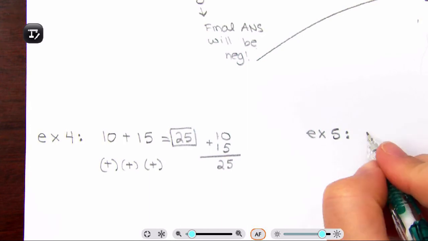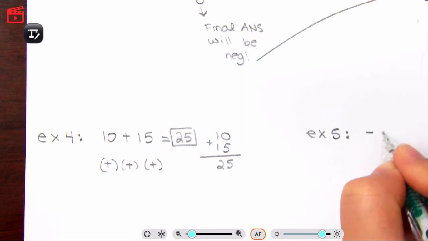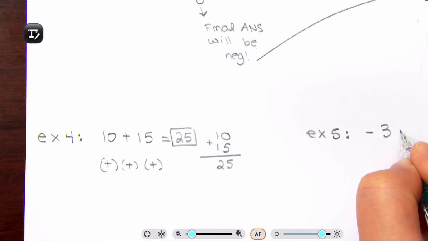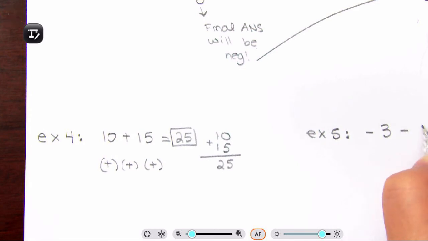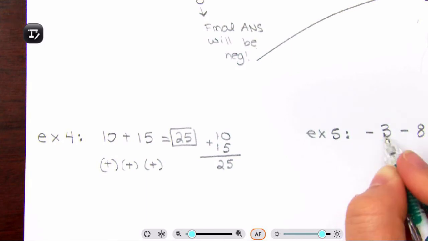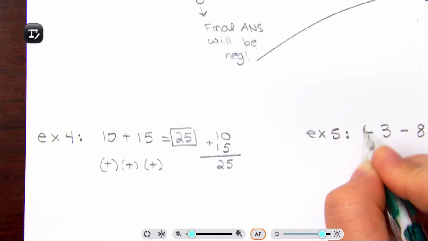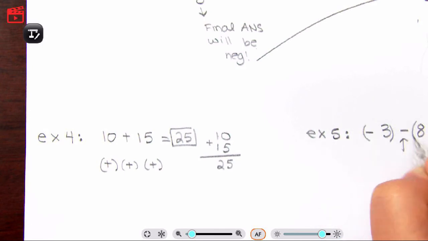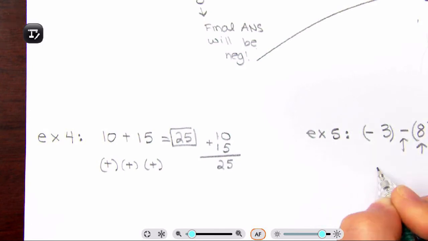So if I have, let's say, negative 3 minus 8, I'm going to say, what do I have? I'm going to keep, change, change.